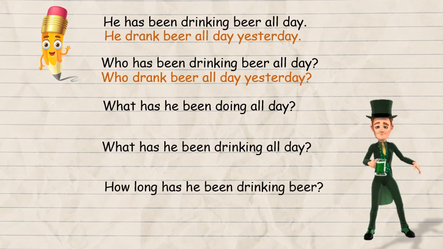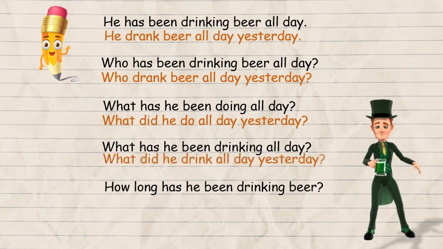What has he been doing all day? What did he do all day yesterday? What has he been drinking all day? What did he drink all day yesterday? How long has he been drinking beer? How long did he drink beer yesterday?